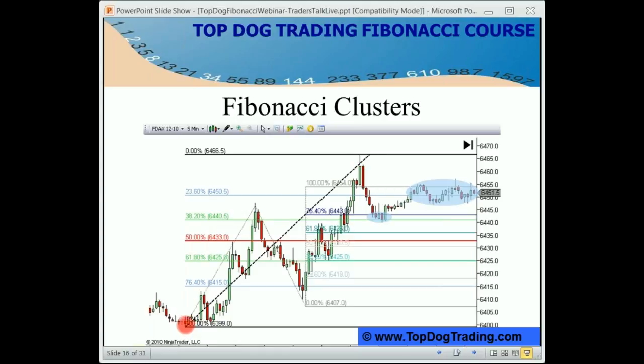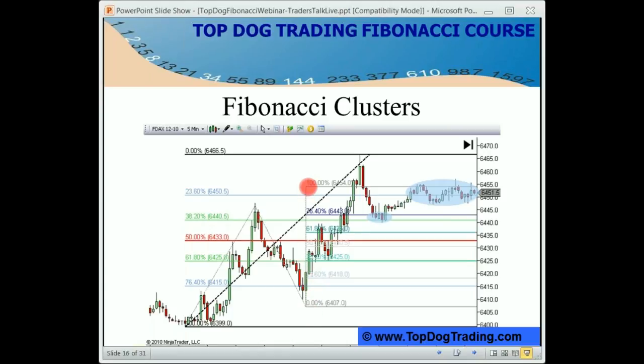So during this kind of jigsaw wiggly move, we can also add our Fibonacci extensions. And so now we use our 3-point extension tool from that low to that high to that low. And then it plots these levels above. And those numbers are right here in this column, if you will.